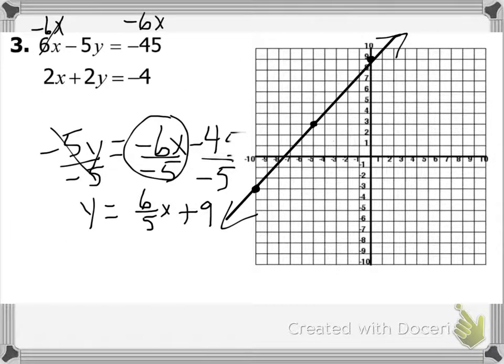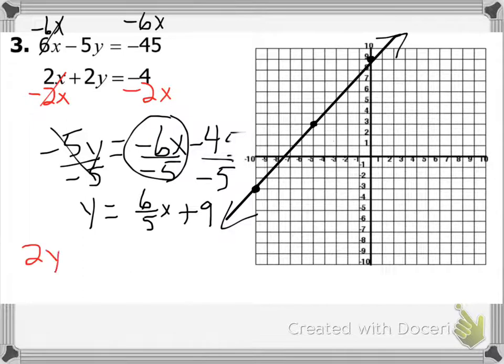So did someone already solve my second equation for y? Or no? Do we need to do it real quick? Let's do it real quick. What's my first step there? You have to subtract 2x.